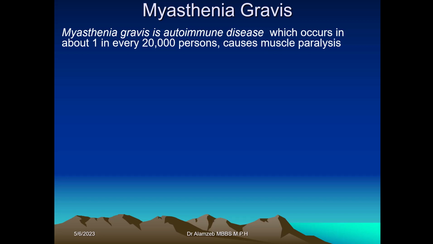So myasthenia gravis is one disease which affects the function of the neuromuscular junction, and it occurs in one patient in 20 births.